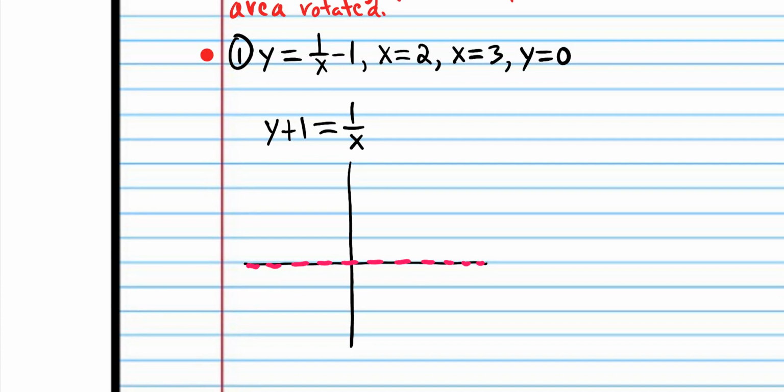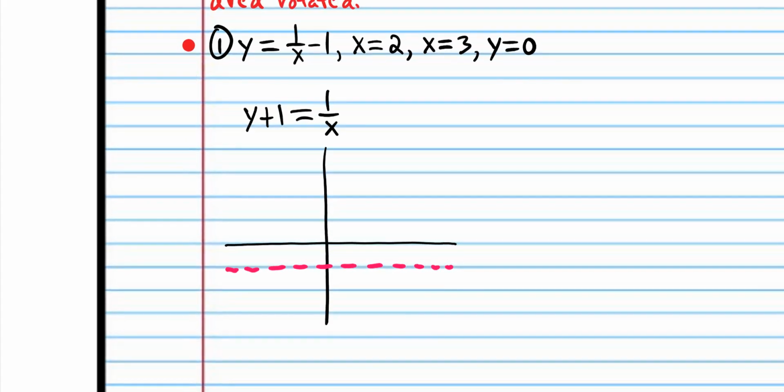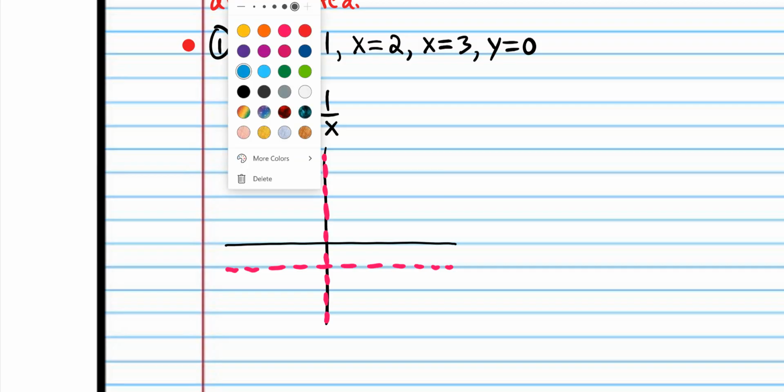So we need to move this line downwards, this dotted line here. We need to move it down 1 unit. And we also have an asymptote on the x-axis. So let's graph this. I'm going to use orange, I guess.